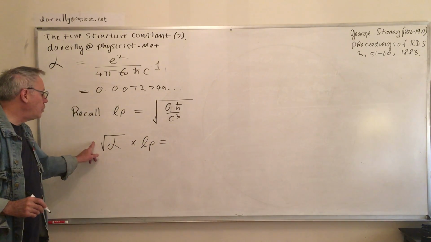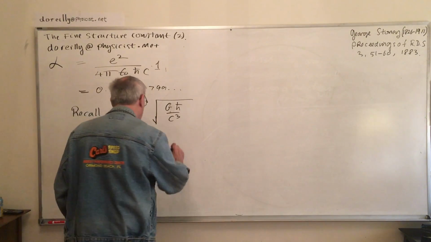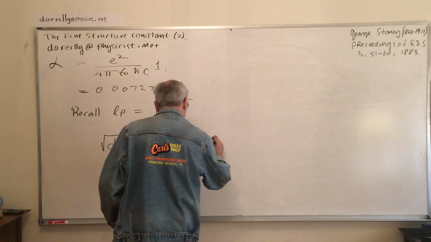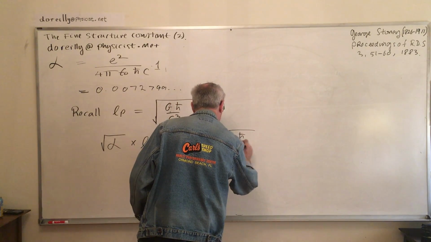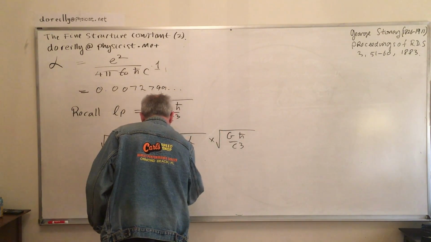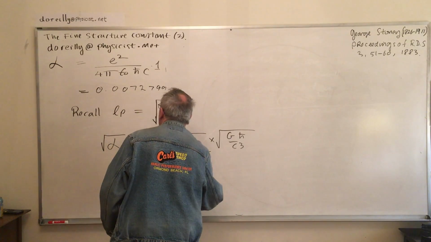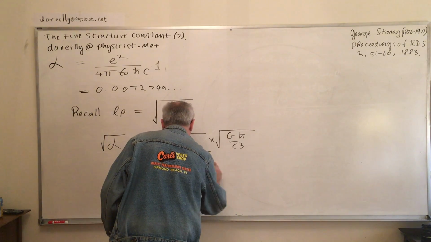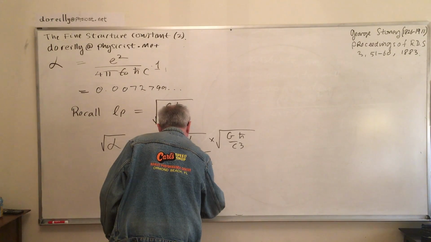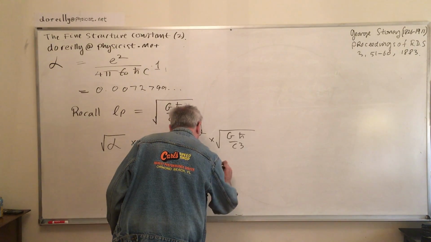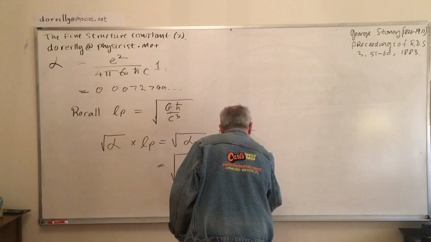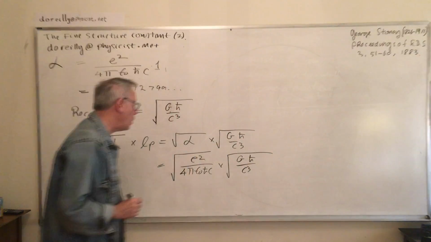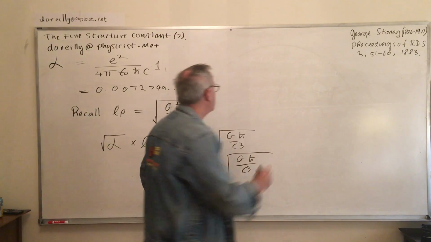Now if I multiply root alpha times the Planck length, I get this quantity here. Let's write it all under the square root.